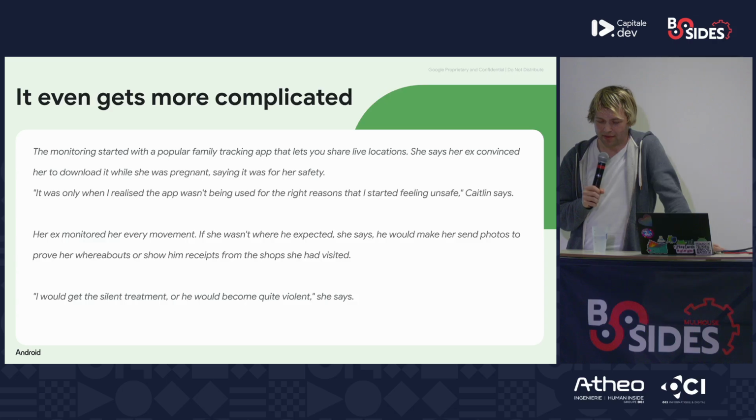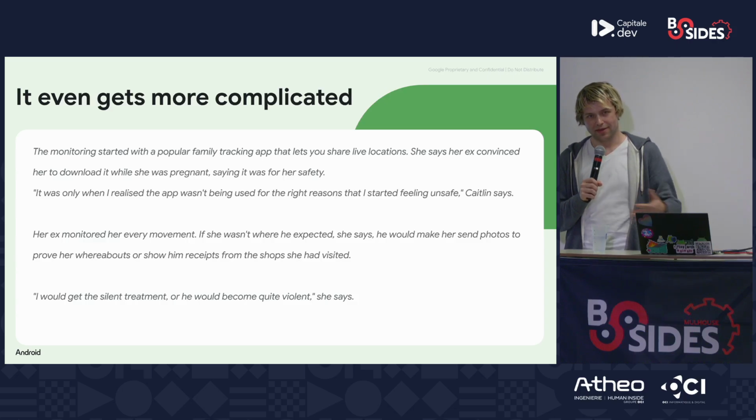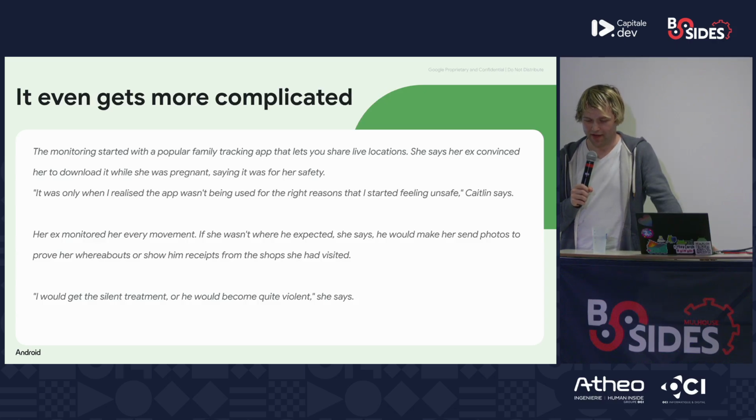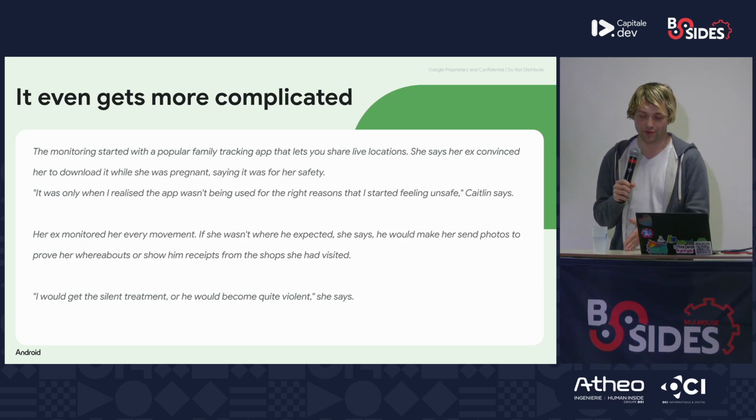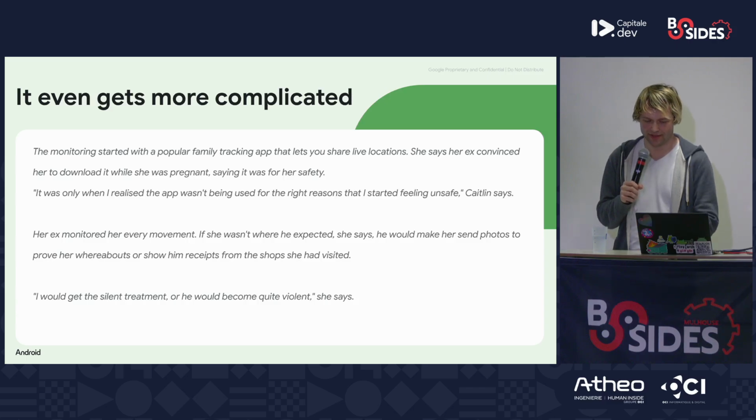But then she noticed that it escalated from being about safety to monitoring every movement and sending photos and stuff like that. So even though it may start with consent, at some point people may feel unsafe about it, and it's very hard to withdraw that consent later on, right?